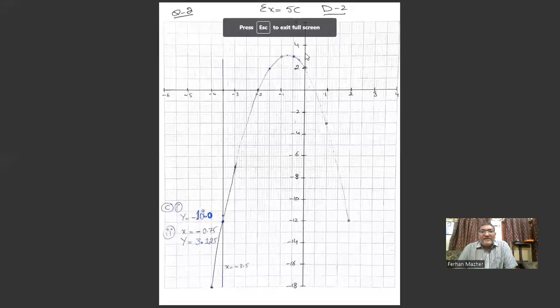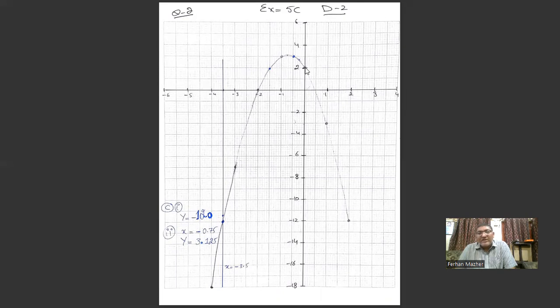I will draw this grid. You can see this grid has been drawn. On the x-axis, I have taken 1, 2, 3, where 2 centimeters represents 1, and -1, -2, -3, -4, -5, -6. And on the y-axis, 1 centimeter represents 1. So here you have 2, 4, 6, and -2, -4, -6, -8, -10, -12, -14, -16, -18.